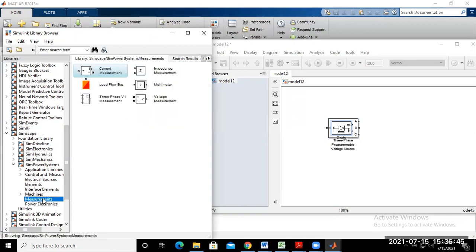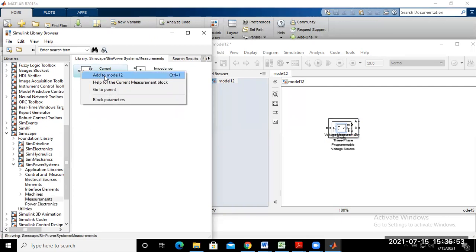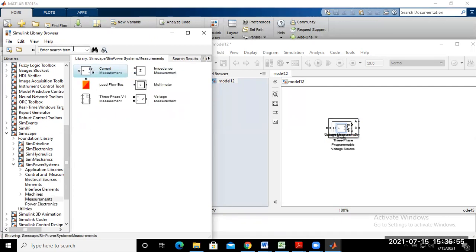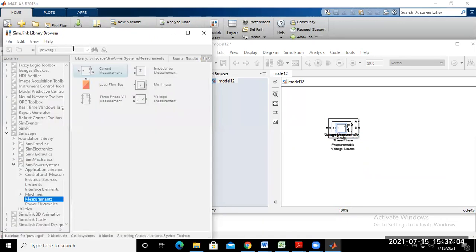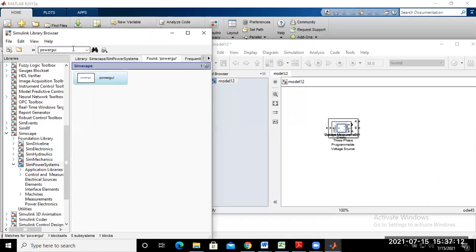So you select the voltmeter for model number 12, and the ammeter. Type here the location of the power gui block. So this power gui is again added to model number 12.